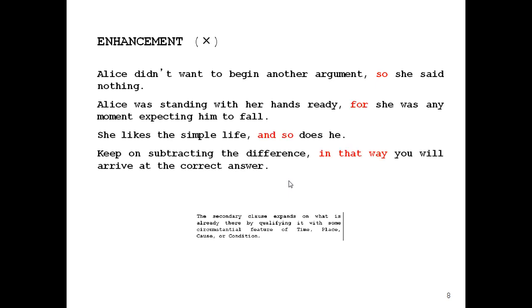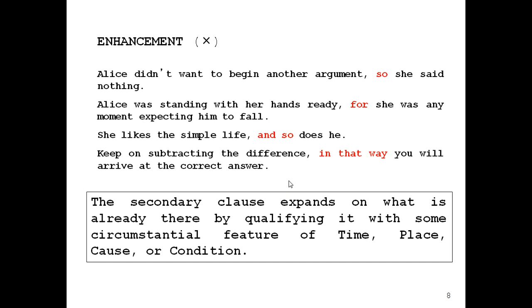And enhancement is the kind of expansion that introduces some circumstantial features, and all kinds of circumstances can be the object of enhancement when a clause is involved. You see, here there are several examples. Alice didn't want to begin another argument, so she did nothing. Okay, she said nothing. This is a consequence, for example.